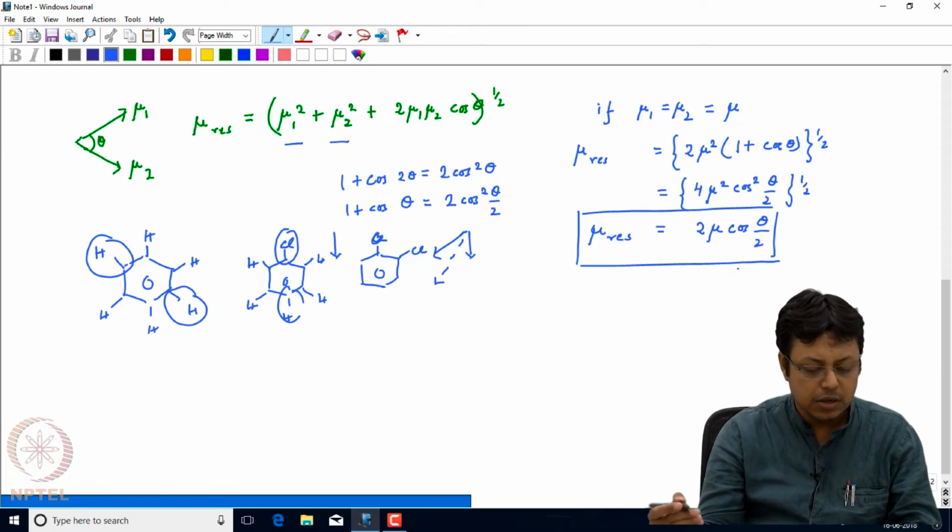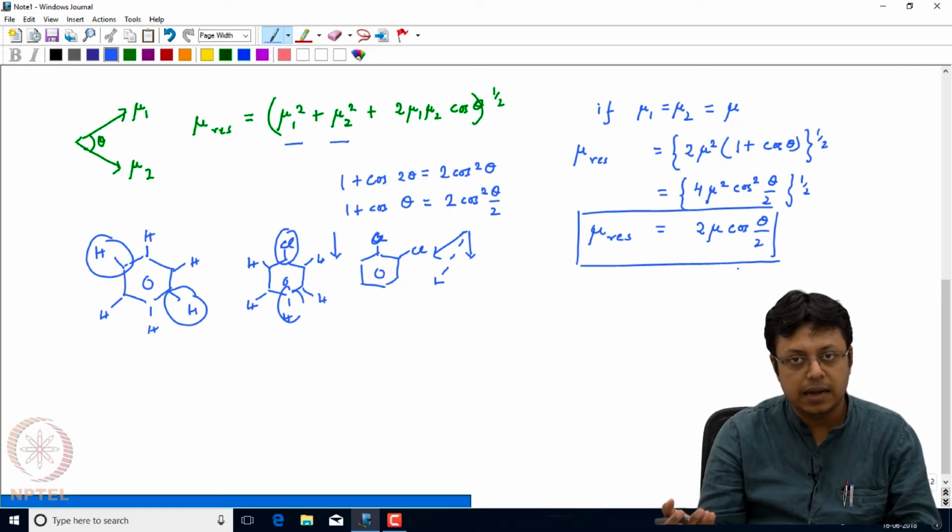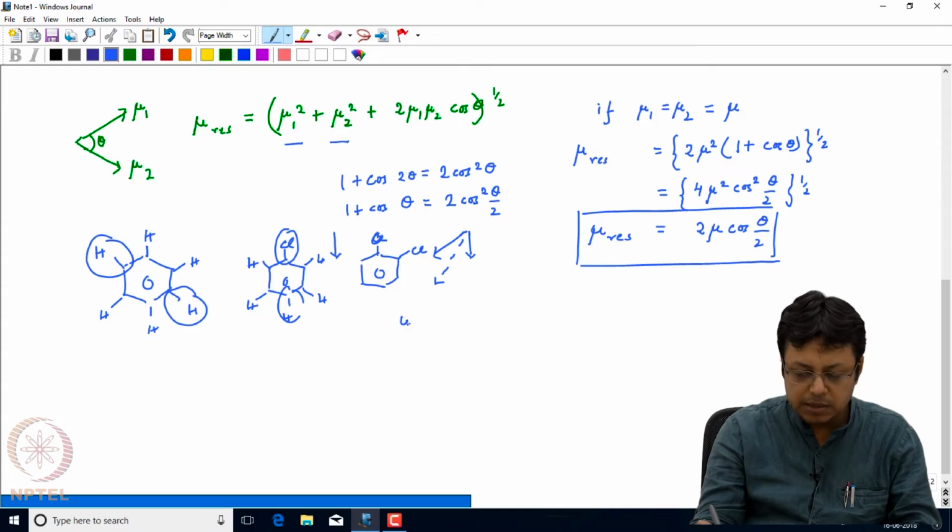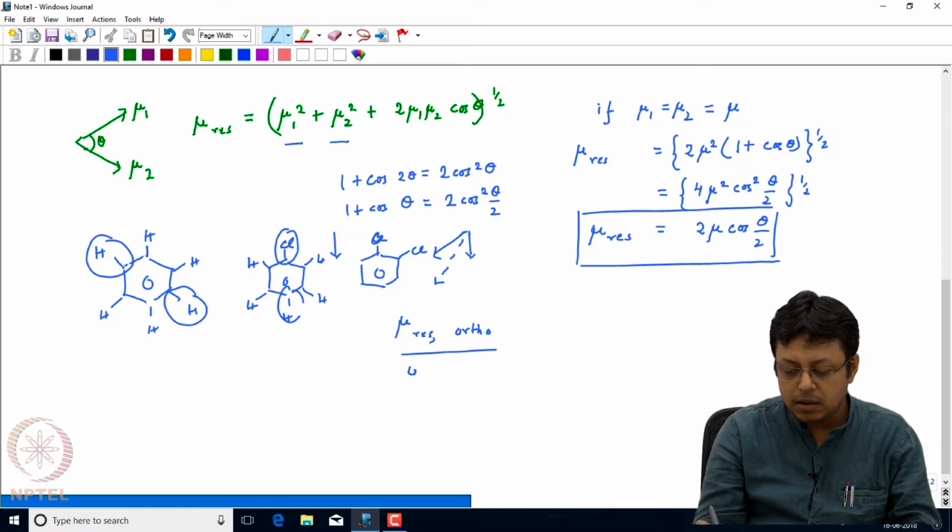So we can get a ratio of the dipole moments between two disubstituted benzenes. For example, we can ask what the resultant dipole moment will be for the ortho disubstituted chlorobenzene, and what it will be for the meta disubstituted chlorobenzene.